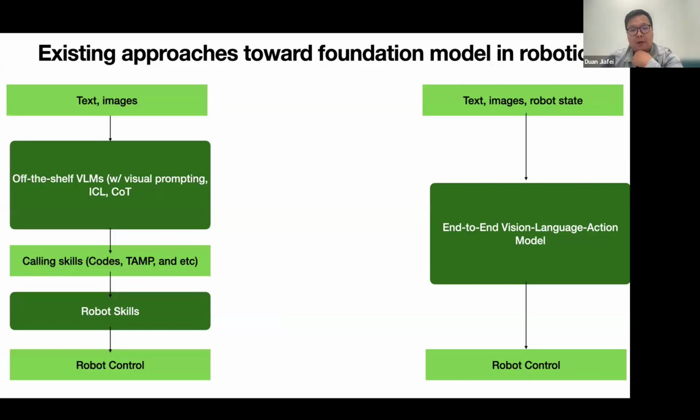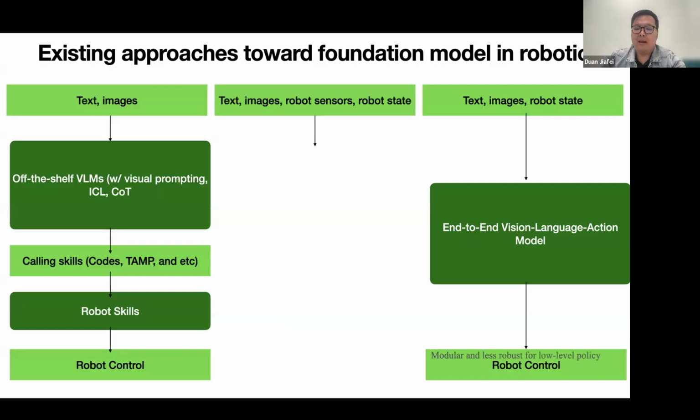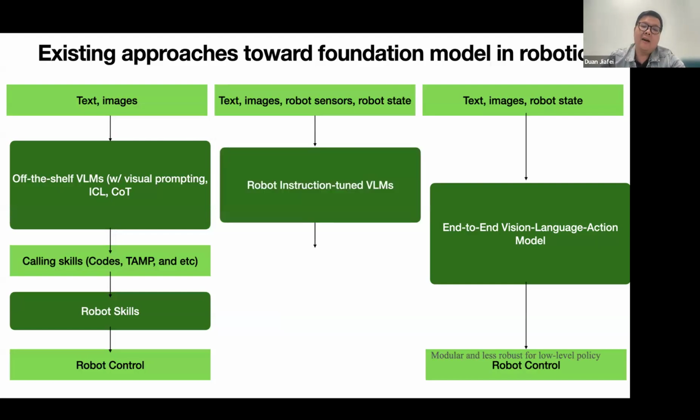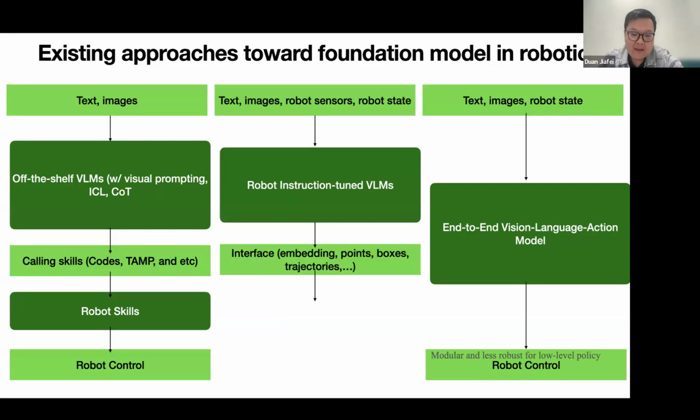And what I was trying to propose is the third way that we should leverage foundation models in robotics, which could be a more suitable way as of now, which is to look at this from a perspective whereby the input is text, language, robot sensors, or even robot state, and it goes into a robot instruction-tuned VLM, and the output can be an interface which has embeddings, points, or boxes, or even trajectories.